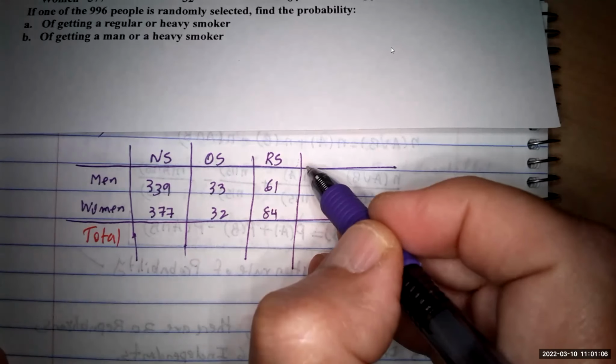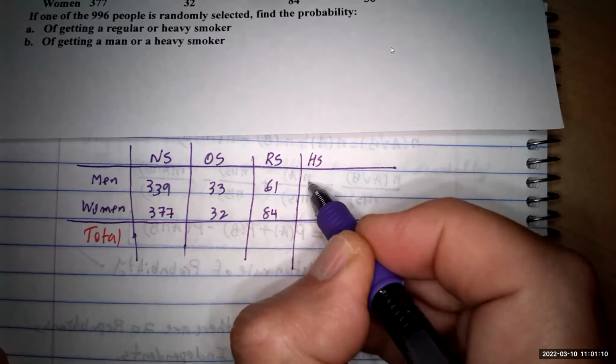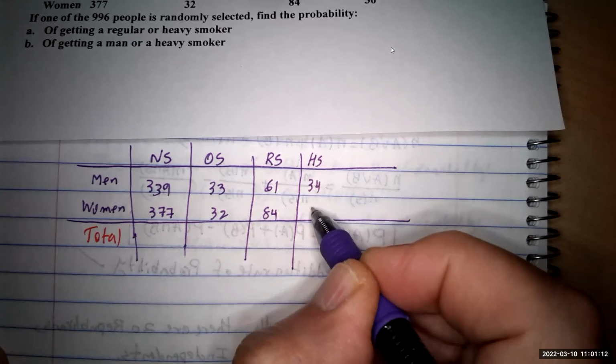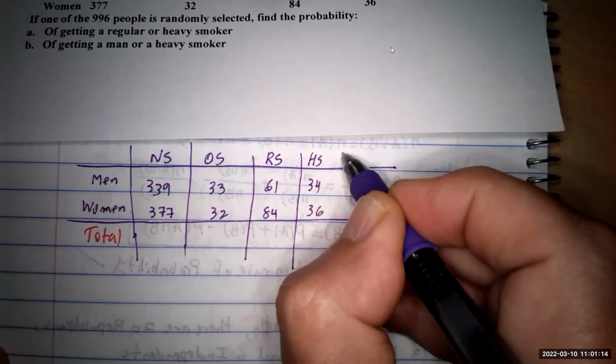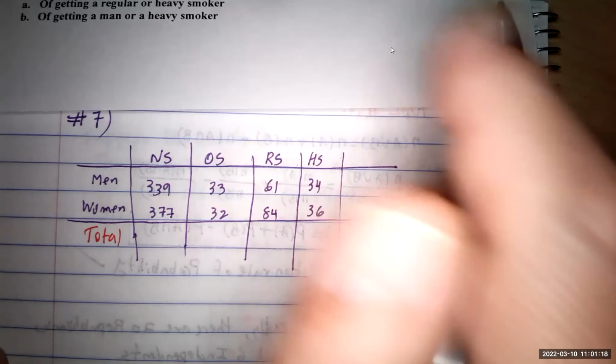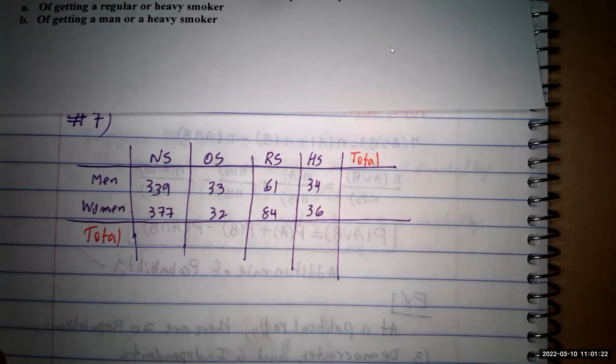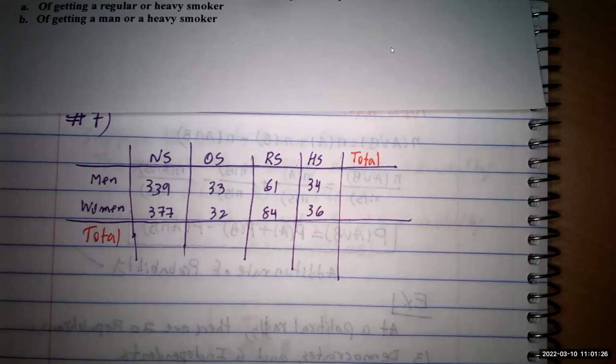And I have heavy smokers, 34 and 36. I add one column and call it total.